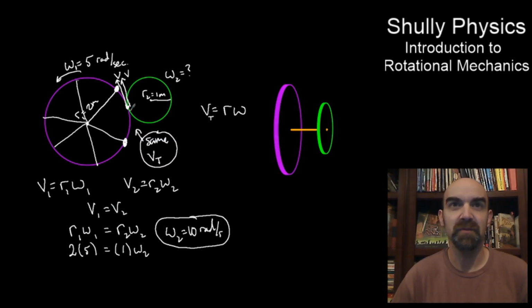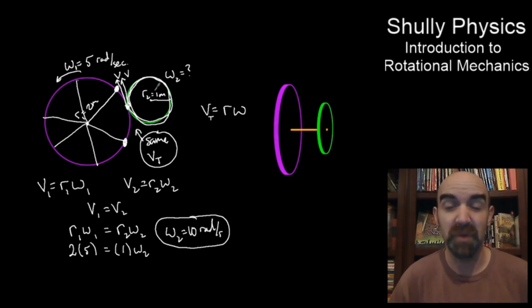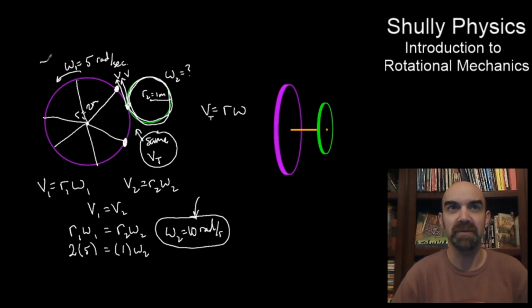So if we rotate this one around once, and the edges are stuck together, that means this one has to rotate over the same distance, which would also have to be the circumference of this one. But being a smaller wheel, it's going to rotate more, exactly 2 times more often. So every 1 rotation of the purple wheel will give us 2 rotations of the green wheel. That's why its angular velocity is twice that of the first one.